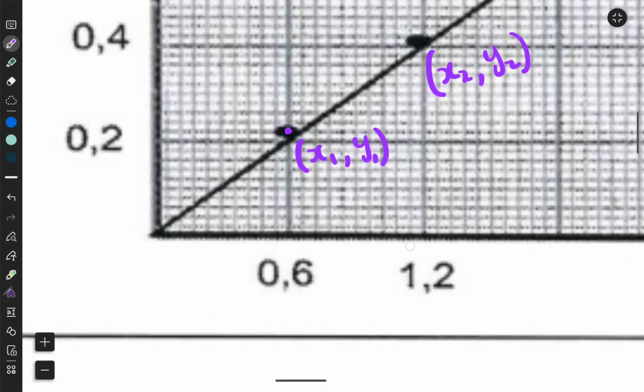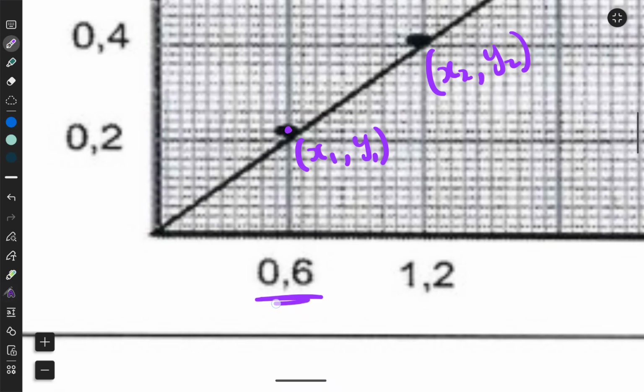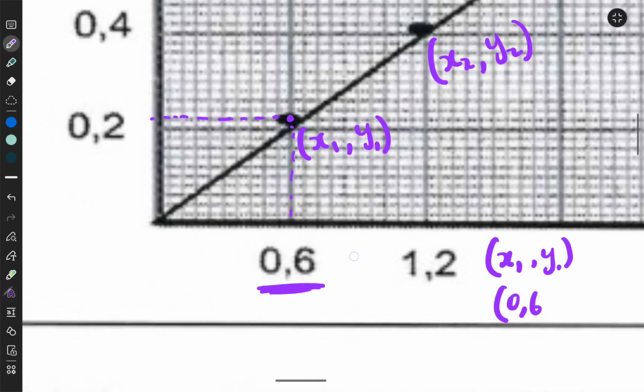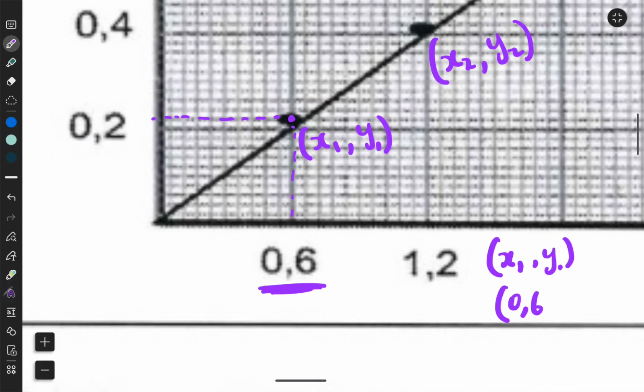On the x, this point is on 0.6. So x1 is 0.6, because if we trace all the way up, that point is in line with 0.6. And then now we have to go this side, right?